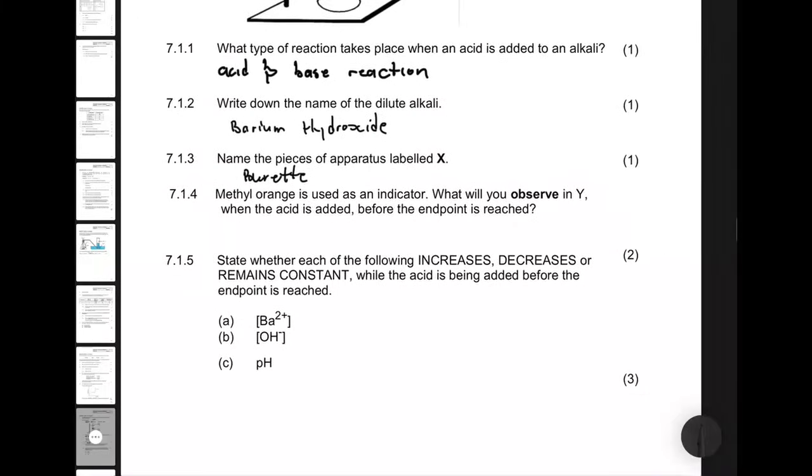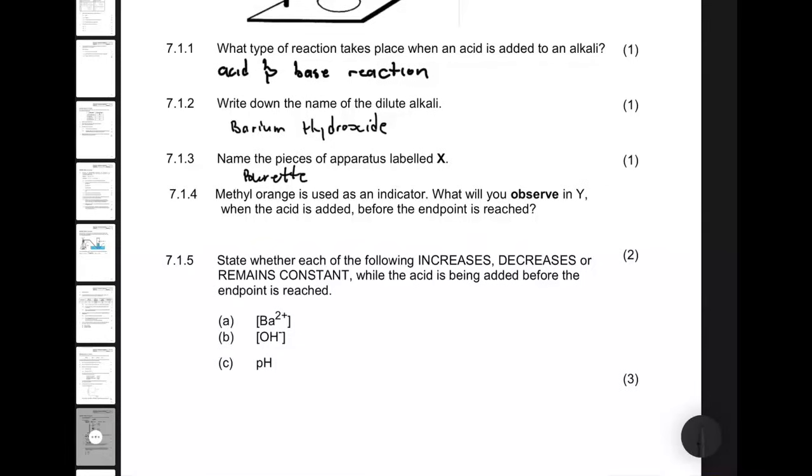7.1.4 says methyl orange is used as an indicator. What will you observe in Y when the acid is added before the endpoint is reached? Before we add any acid, you basically have a base.